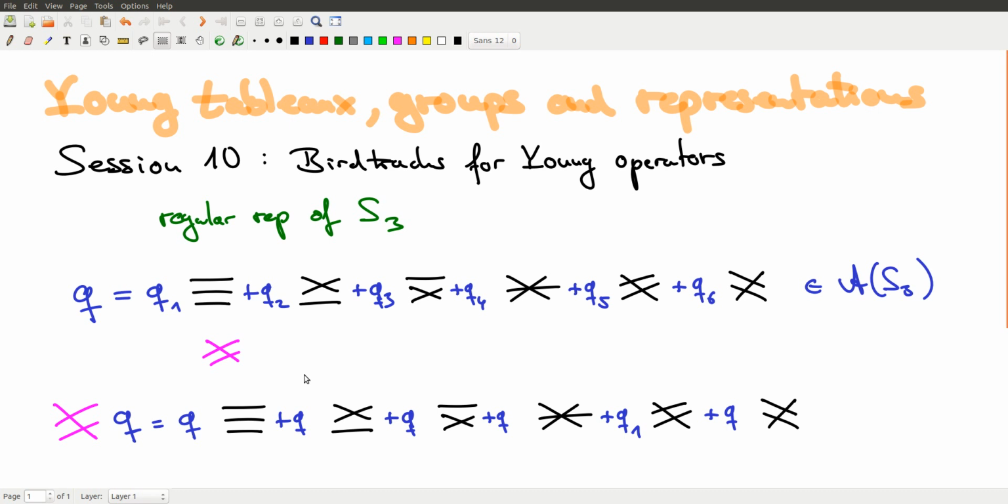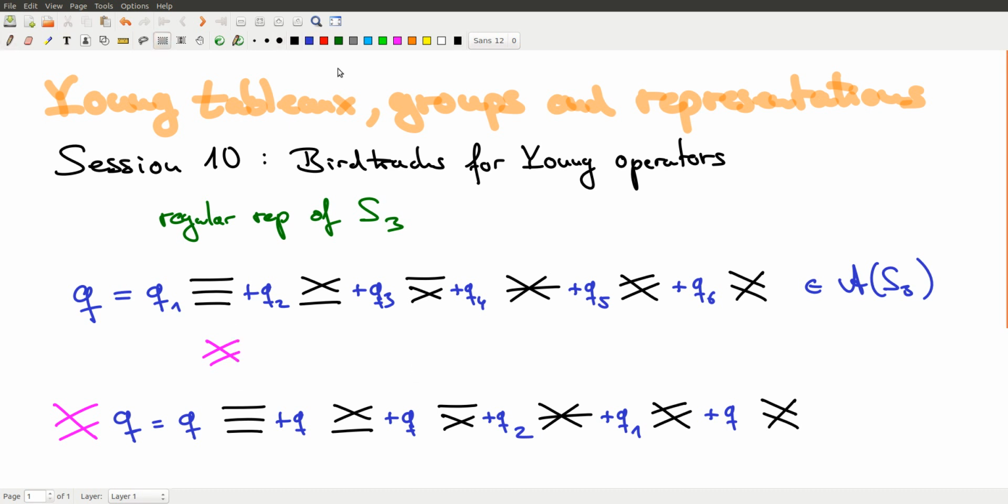Now let's multiply with the next one, with this transposition here. We see that 2 goes back to 2 and the other 2 swap place. So the Q2 goes here.